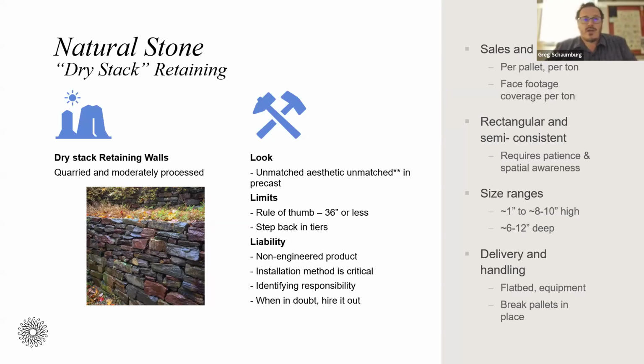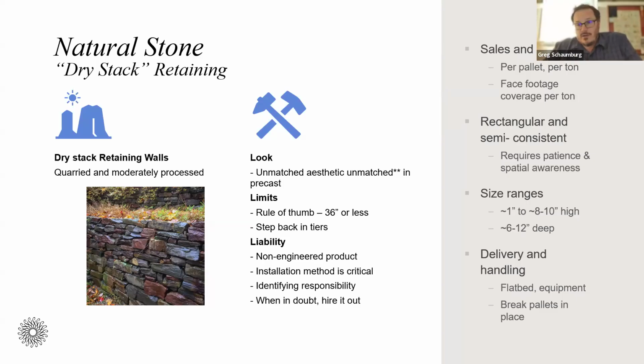And as we talk about dry stone and natural stone and dry stack, those are smaller parts. Those are things that without too much difficulty, you'll be able to pick up with two hands, lift in place and move those segmental pieces into form and build a small wall.